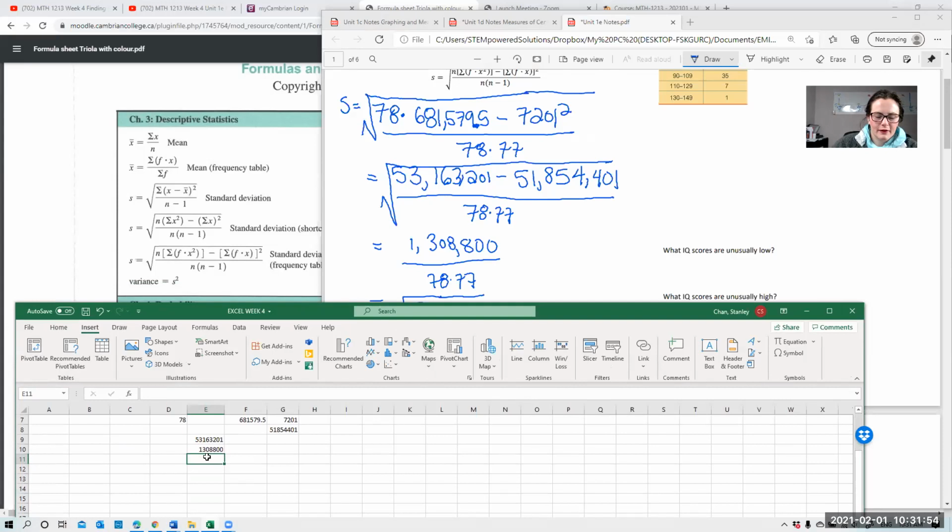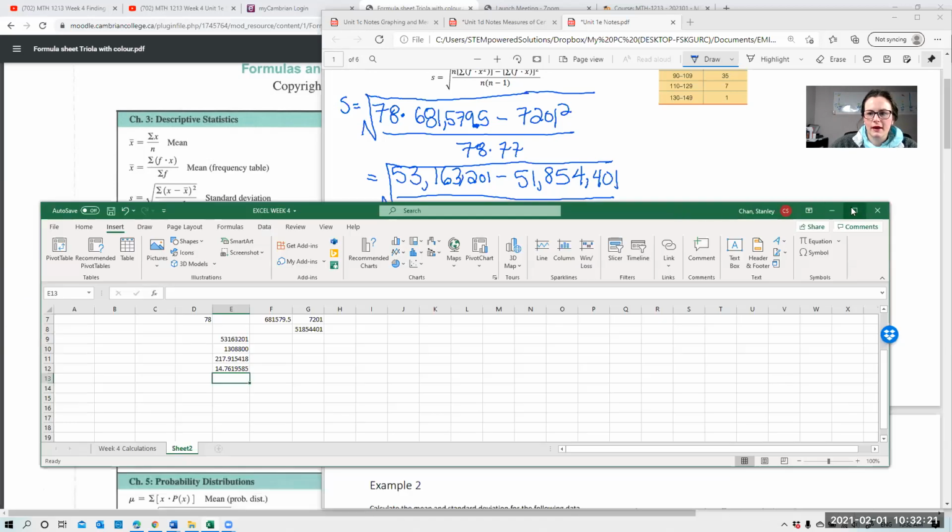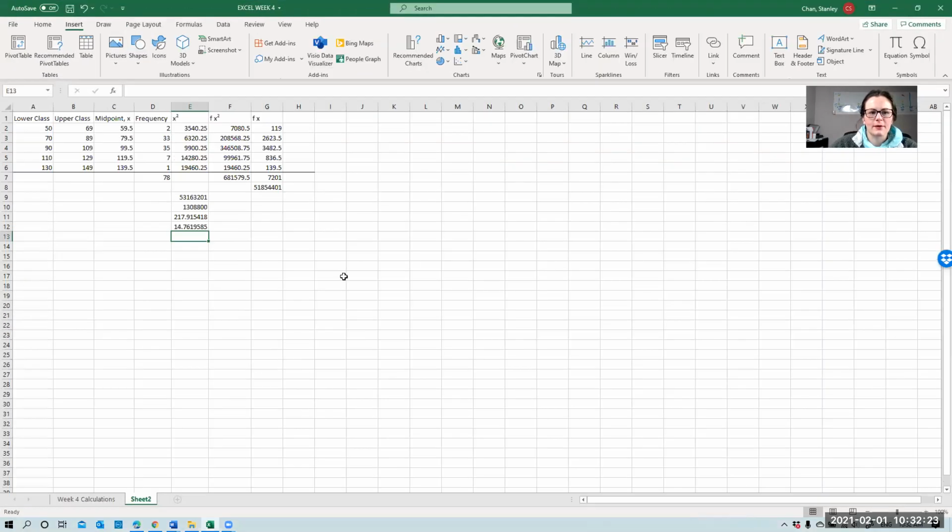Then I would have this value divided by 78 times 77. And then I would find the square root of this value. So I would go SQRT, which is the square root function, close bracket, and that would give me 14.76, which is the answer for the standard deviation for this table.